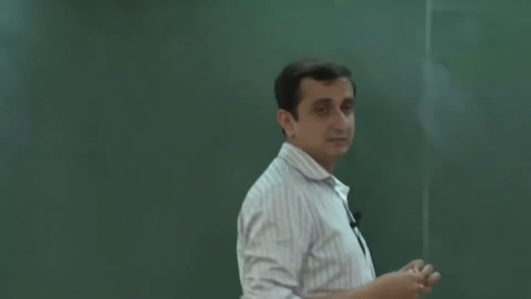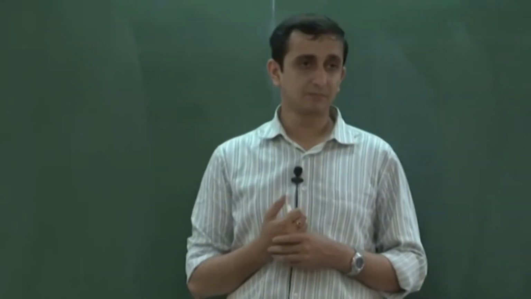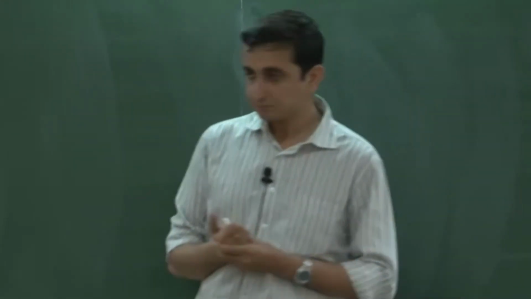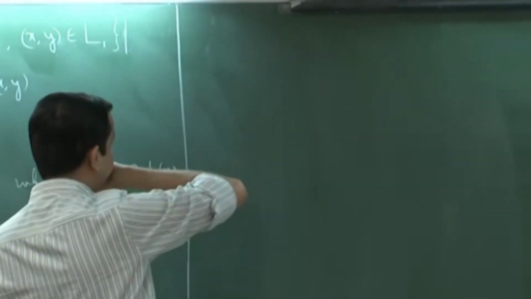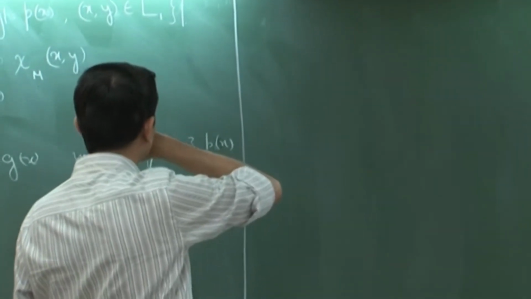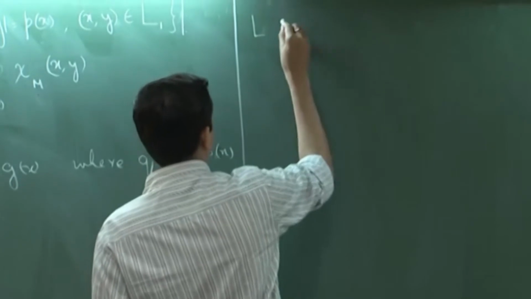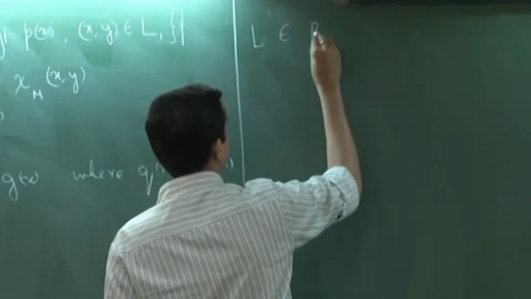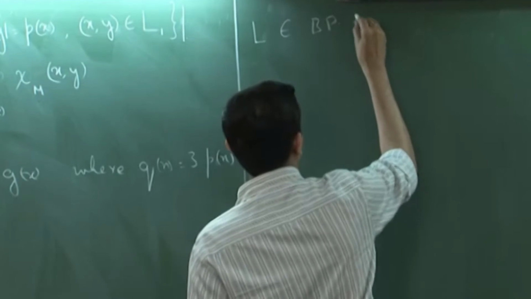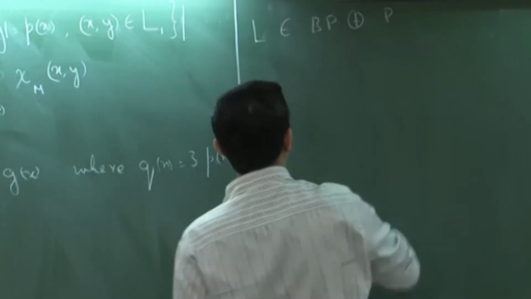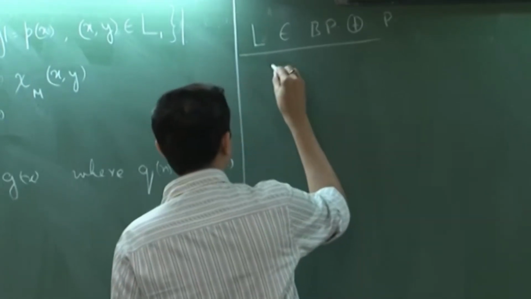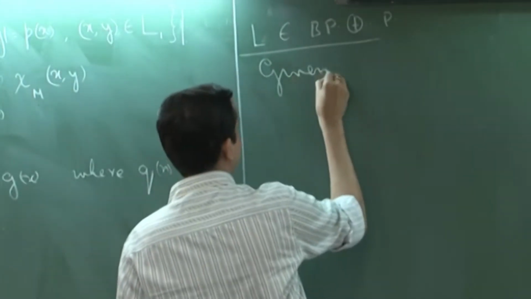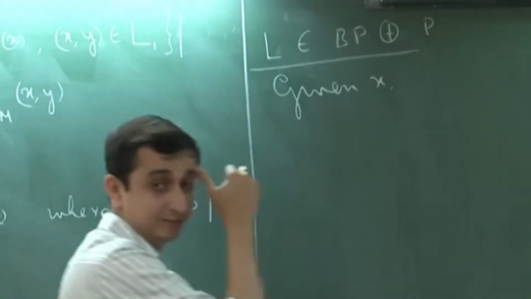So, now the thing is how do we get our P to the sharp P machine? Let L be a language in BP dot parity dot P. We want to show that this is in P to the sharp P. So, given x, what do we do?